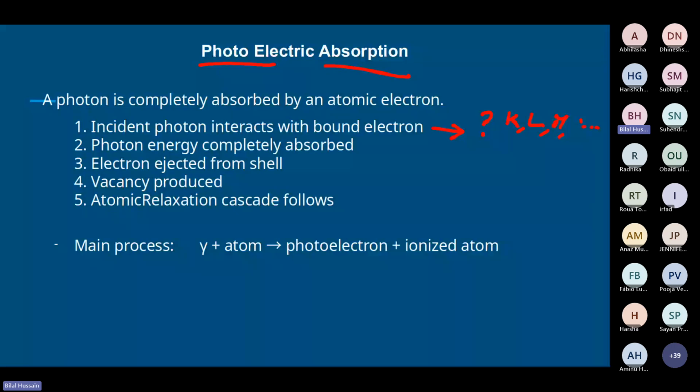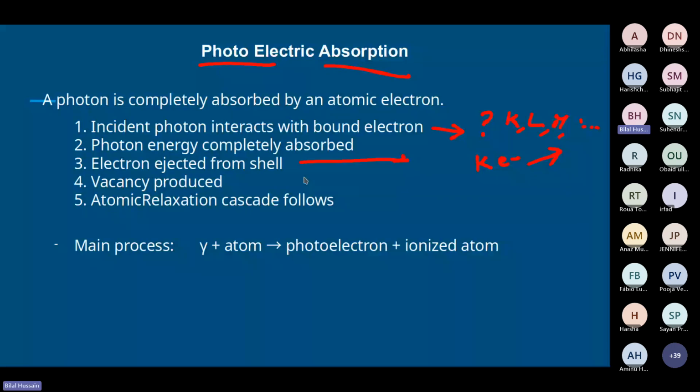Like we found out which type of interaction occurs using the sampling method, same here, using the sampling method we have to find out in which shell the interaction is more probable, which shell has more probability. So we use the Monte Carlo method to find out. Let us say, for example, the interaction takes place in the K shell. The K shell electron is ejected out. There is a vacancy occurring in the K shell.